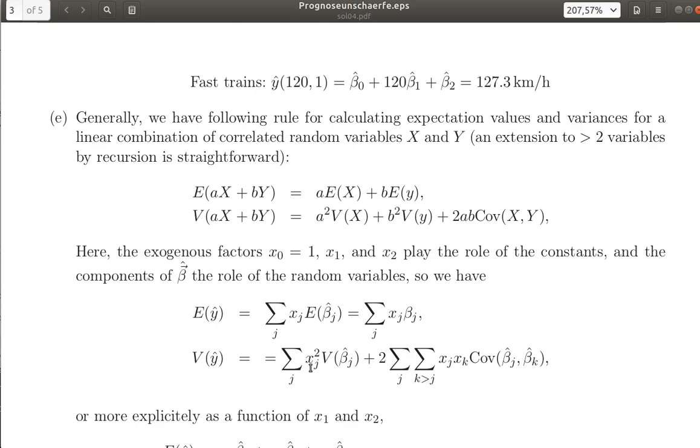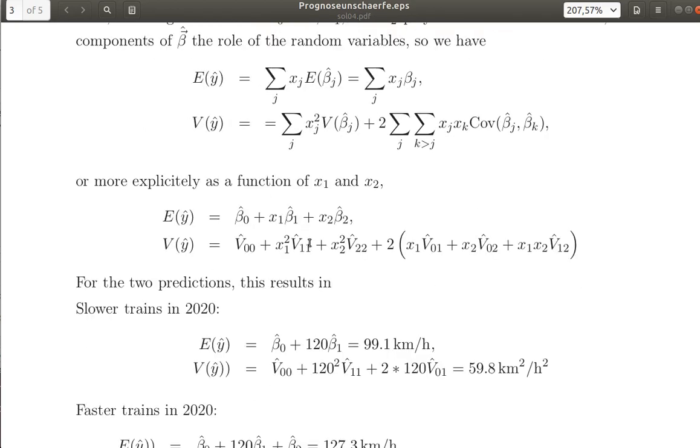That's the sum of xj squared times the variance of beta j. And then we have also the sum of all non-diagonal terms. And because we are symmetric, we can only use the upper triangular non-diagonal terms times a factor of 2. So this is a special case for just two variables.